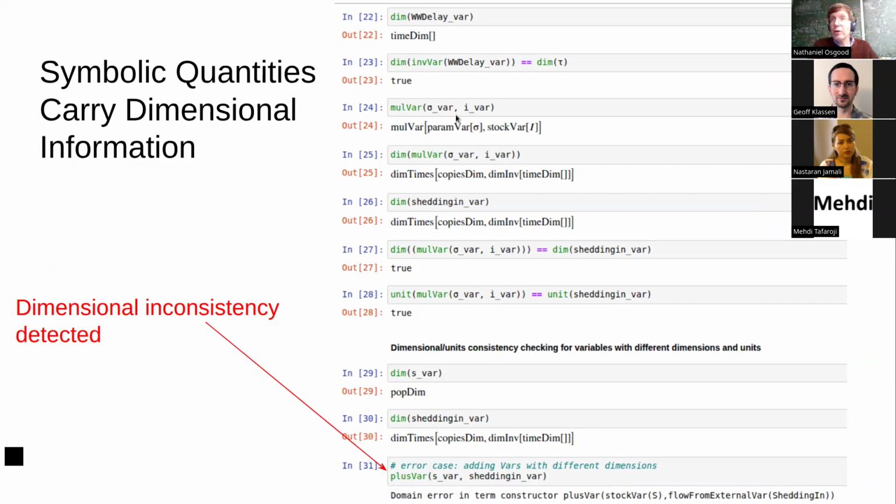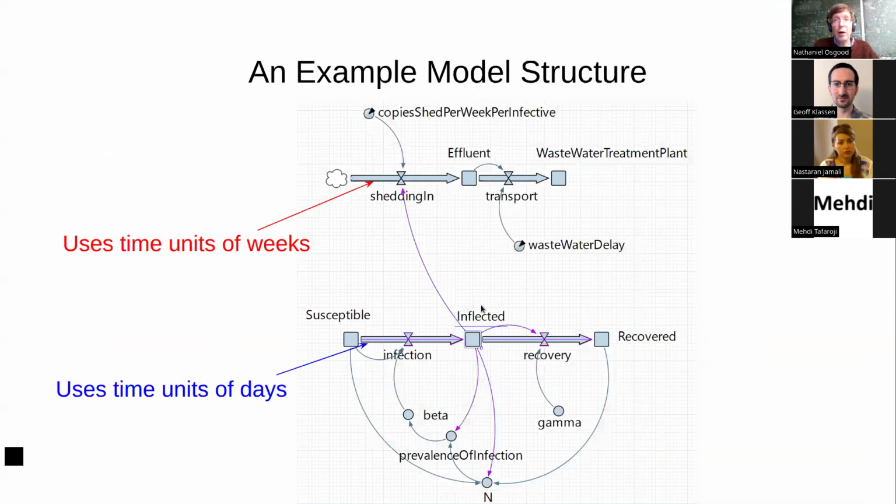You have the multiplication of the variables. She could imagine a multiplication of this parameter with this stock, for example. And she gets a var out, and she could ask for its dimension. She can also compare, like if I have sigma times I, is that of the same unit as the shedding inflow variable?